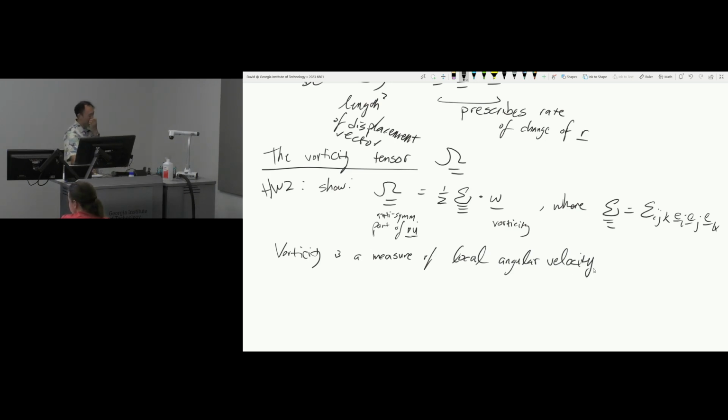Okay, if someone asks you on the street, hey, what is vorticity? You can just say it's a measure of the local angular velocity. This is evident when we examine the contribution of omega to the delta U.